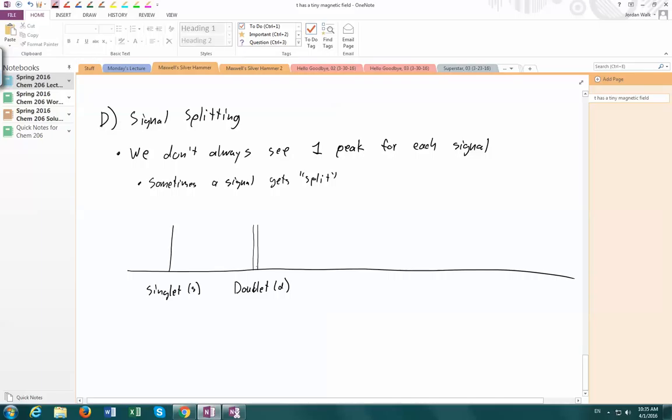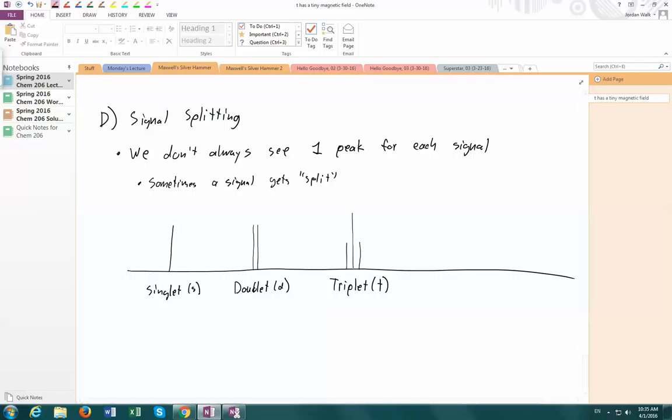Now, how many signals is this? It's one signal, but we have a signal that's being split into a doublet, so we end up seeing two different peaks. All right, so after singlet and doublet, what do you think there might be? Triplet. What letter do you think we abbreviate that to? T. Very good, Sarah. Okay, so what we end up seeing in a triplet is something like that, where our middle peak is about twice as long as our outside peak.